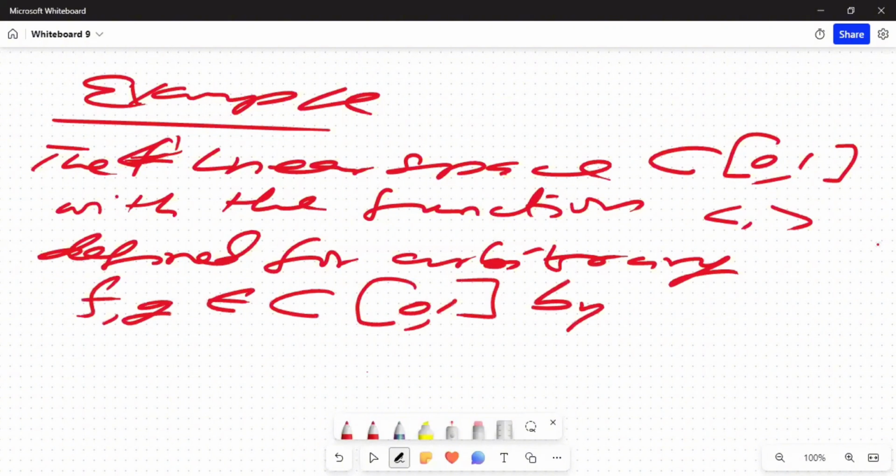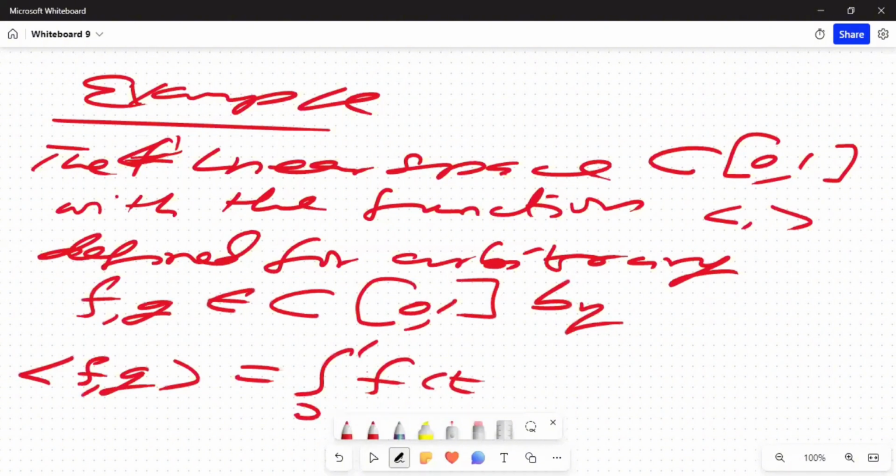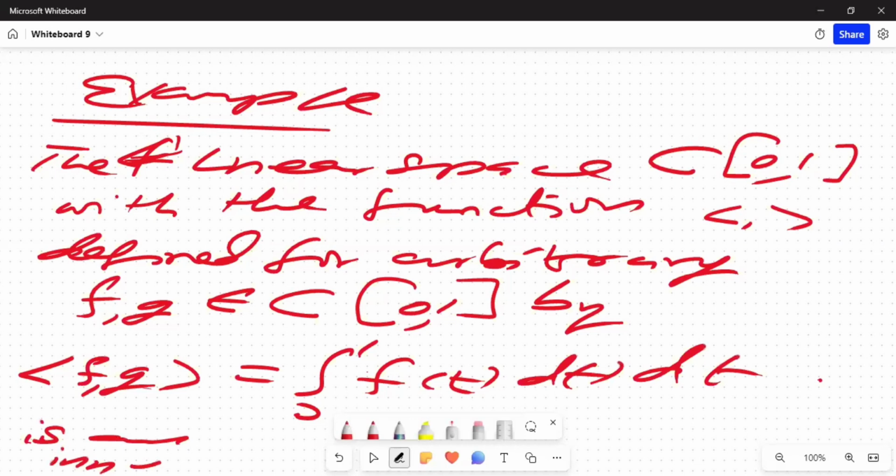The inner product of f, g is defined as the integral from 0 to 1 of f(t) g(t) dt, integrating with respect to t. We are claiming that this is an inner product.